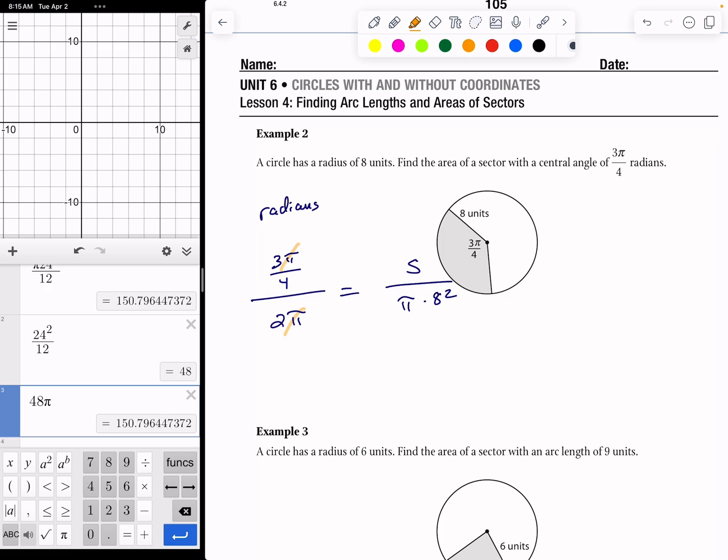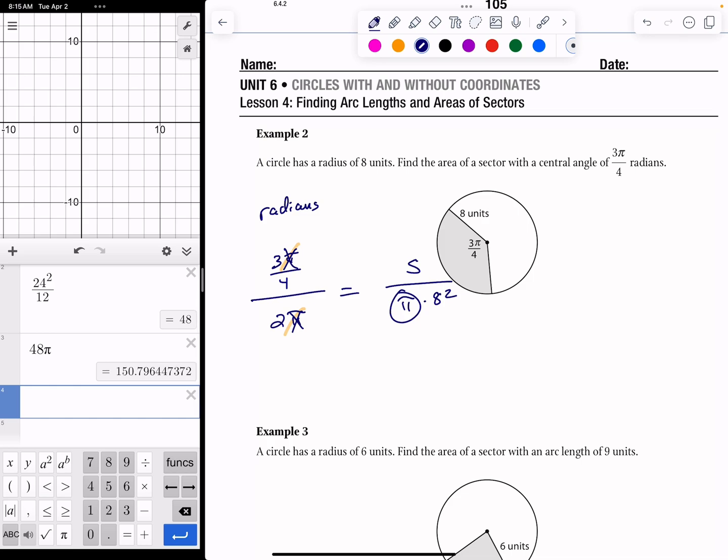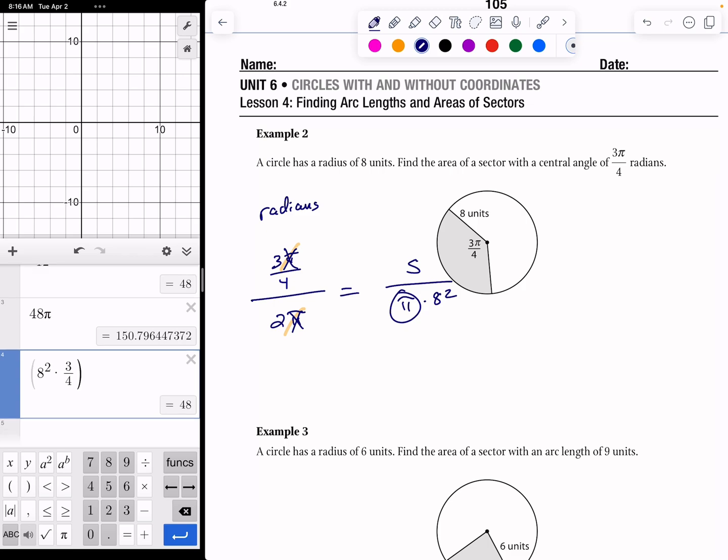Let's first leave this in terms of pi. These pi's are gone because they cancel. This pi, let's not put in the calculator. So let's go 8 squared times 3 over 4, in parentheses, and then divide by 2.